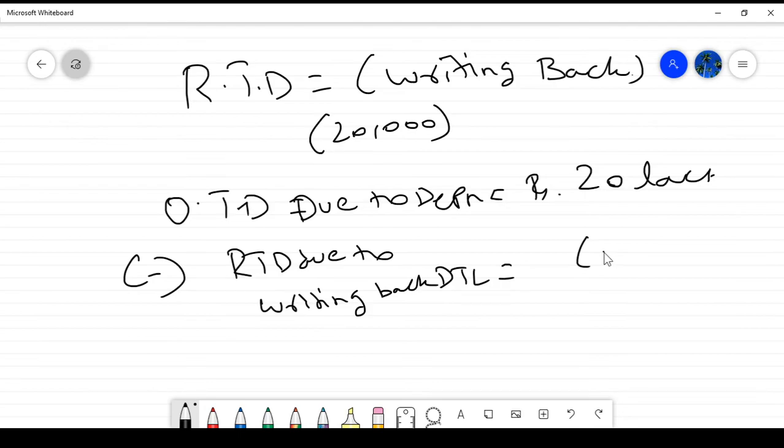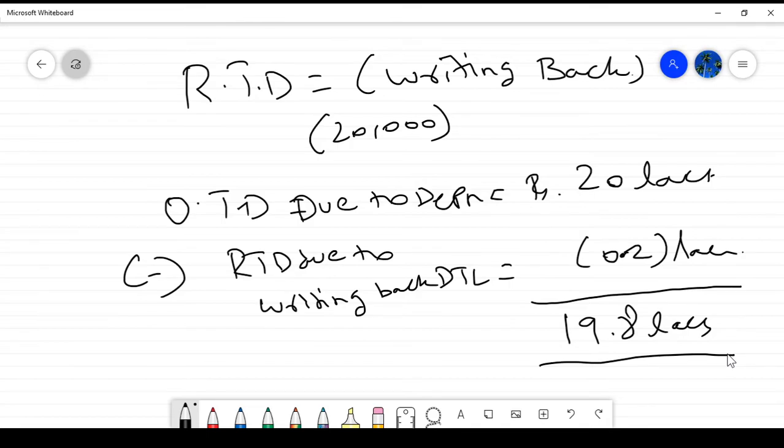That is, 20,000 is 0.2 lakhs. So DTL of 20 lakh is created, RTD, that is the reversing effect we are doing. So 20 minus 0.2 equal to 19.8 lakhs. Okay.